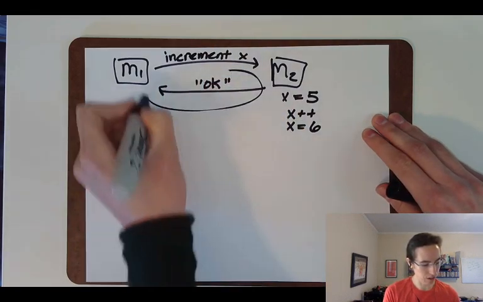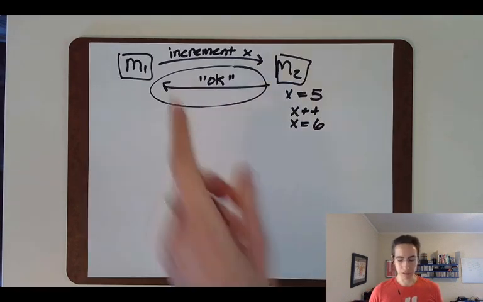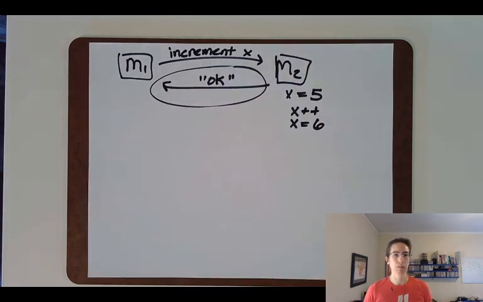If M1 doesn't get this okay response, you don't know whether the increment happened. If you get the okay response, you can assume that the increment occurred, assuming no Byzantine faults. But if you don't get that okay response, it would be wrong to assume that it did occur, and it would also be wrong to assume that it didn't occur.